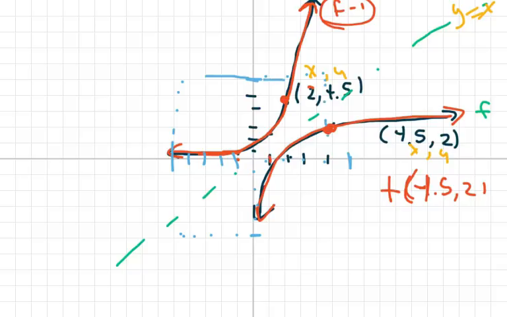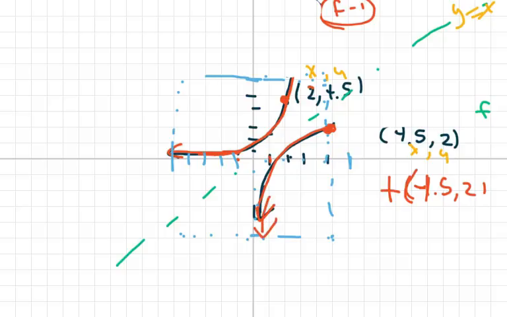If you're good at graphing, you could probably do this without what I'm doing. I'm not. And then what I do is I erase the part I don't need. All right? And then I continue this on with the arrows here. And that's your graph. And that's all for this problem.